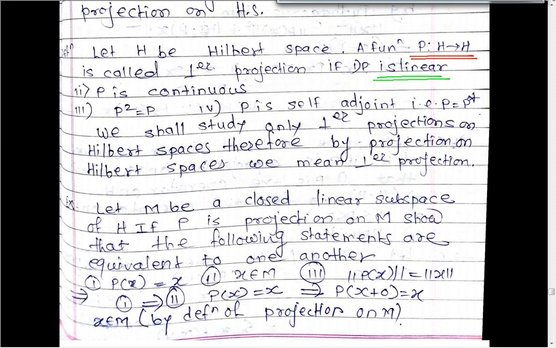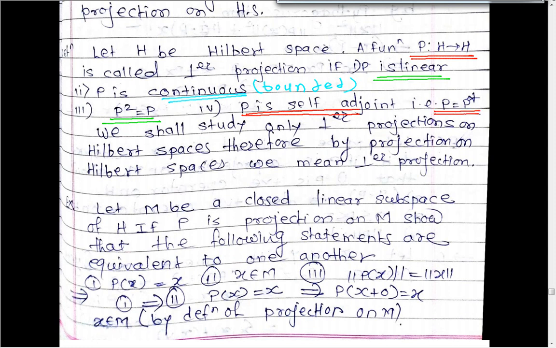Second property, P is continuous or bounded. Continuous means bounded. The third property, it is idempotent. That is, P composition P or P square is equal to P. And fourth property, P is self-adjoint.